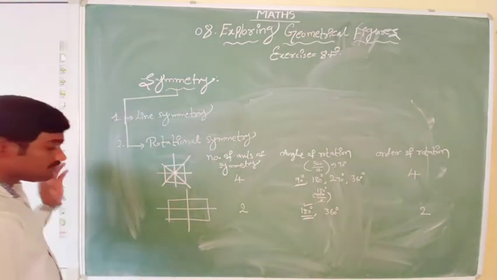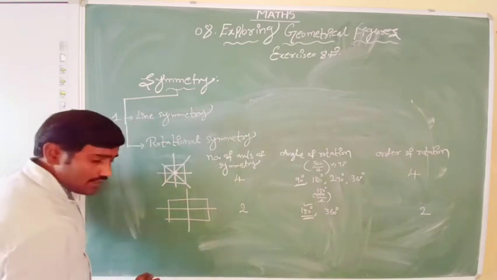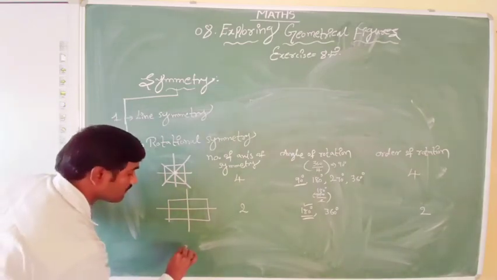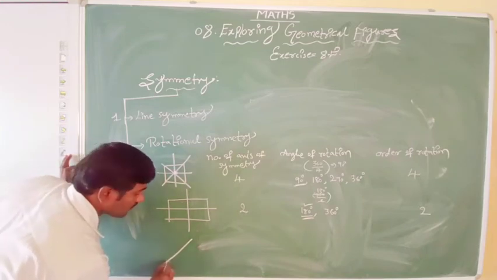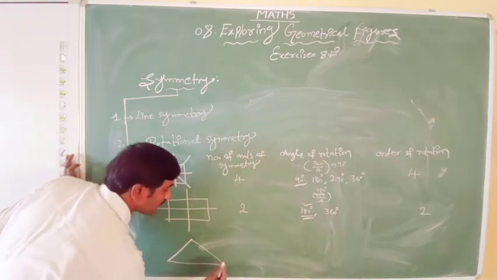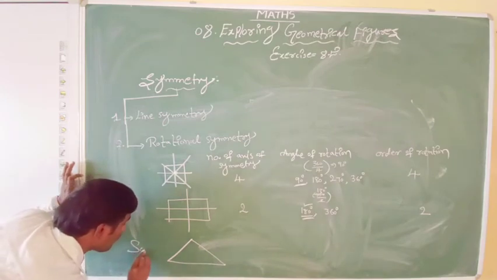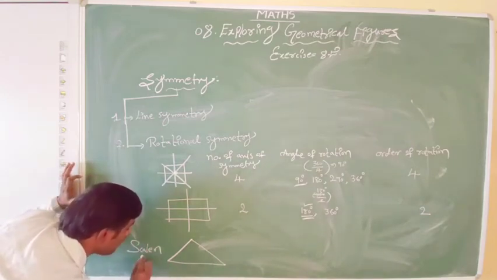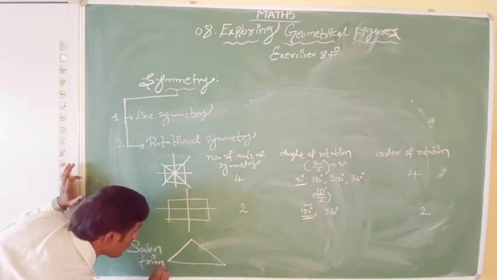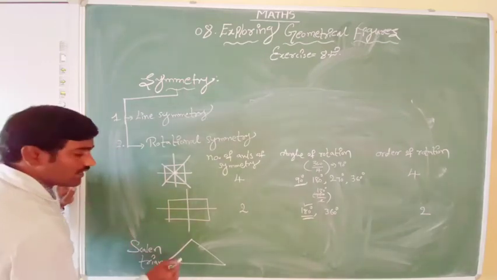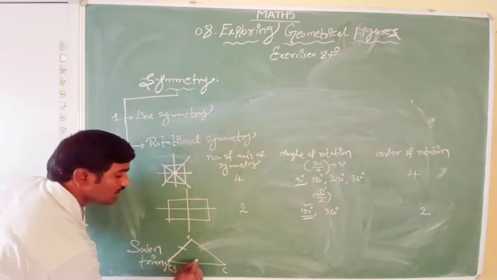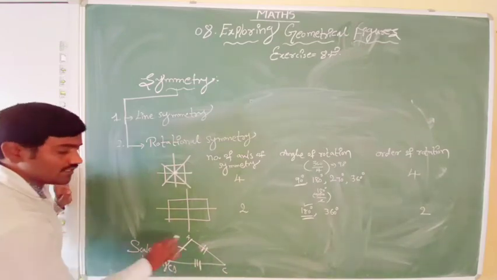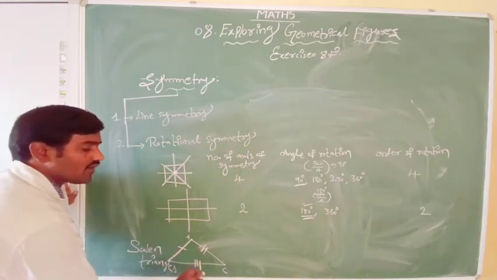Next I will take a scalene triangle. In a scalene triangle, all 3 sides are different in length, so you cannot divide it by any axis.